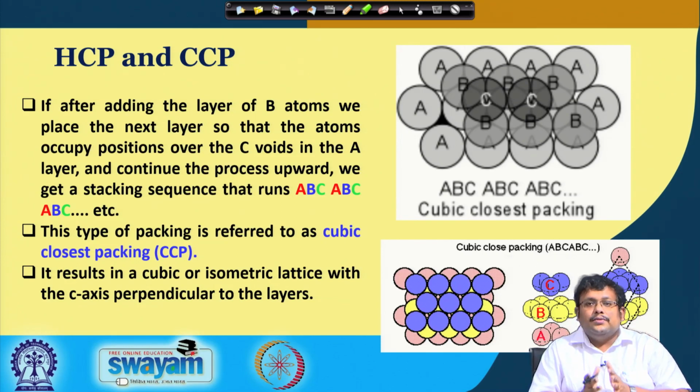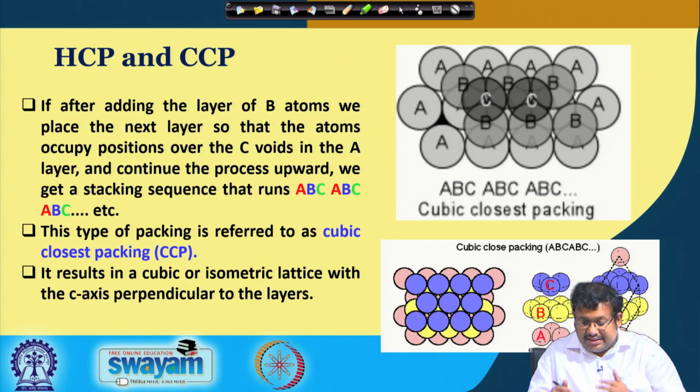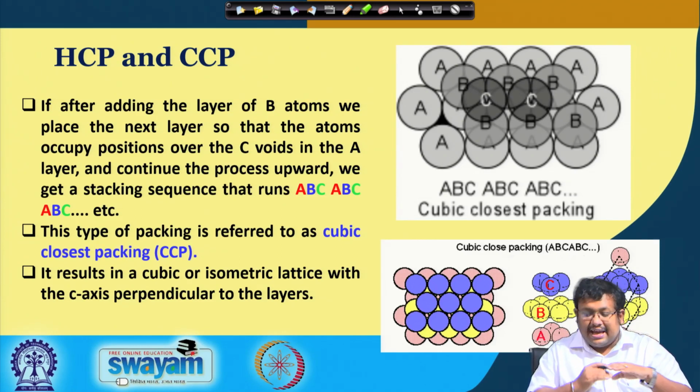Also this cubic closest packing or CCP results in a cubic or isometric lattice with the C axis perpendicular to the layer. Isometric view means basically a 3-dimensional view. As you can see from this picture, there is a 3-dimensional view where 3 layers of atoms are stacked over each other, creating this packing.